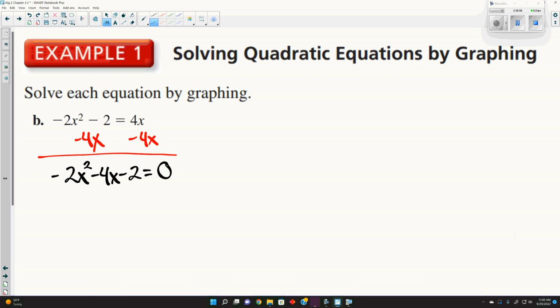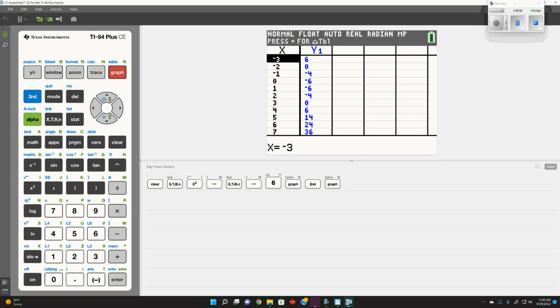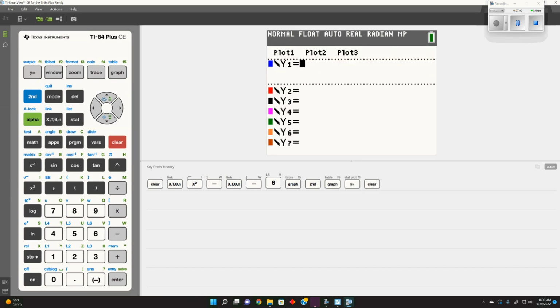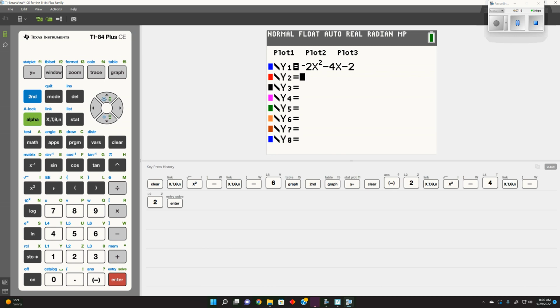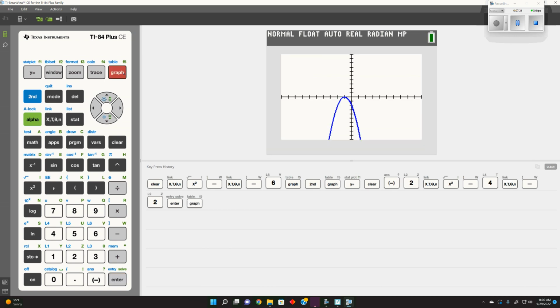So in the graphing calculator, we could say y equals, so we can clear this out, -2x squared minus 4x minus 2. Hit graph.